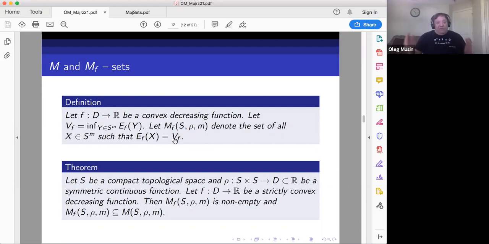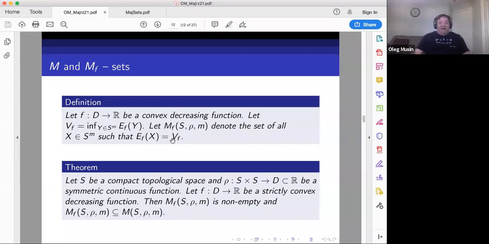So now we have two kinds of sets for a given f. We have also M_f sets, and we have M sets, and we would like to know when an M_f set is a subset of M.